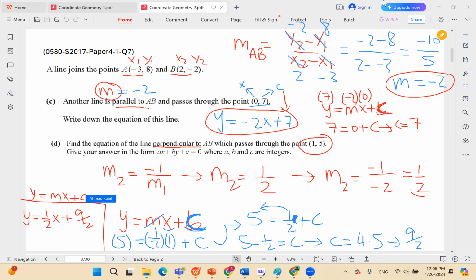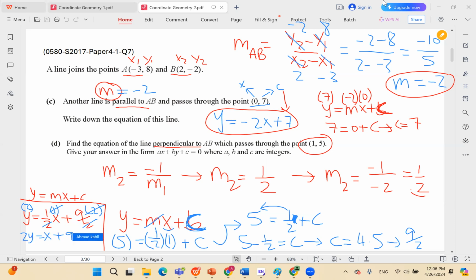They want ax plus by plus c equals 0. So we want the x, the y and the number on the same side, and we don't want any fractions. So we multiply everything by 2 to get rid of the fractions. The 2 cancels the 2, and the 2 cancels the 2 as well. So we get 2y equals x plus 9.